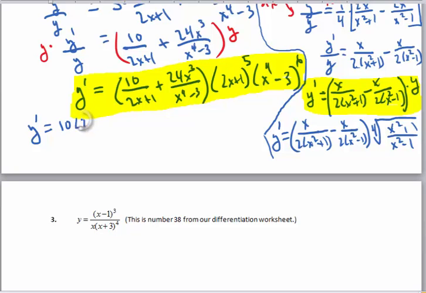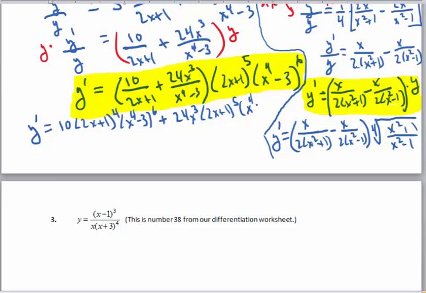10 times 2x plus 1 to the 4th times x to the 4th minus 3 to the 6th. And then when I distribute those 2 factors to the second term in parentheses there, the x to the 4th minus 3 would cancel, and I would end up with just 24x to the 3rd times 2x plus 1 to the 5th.